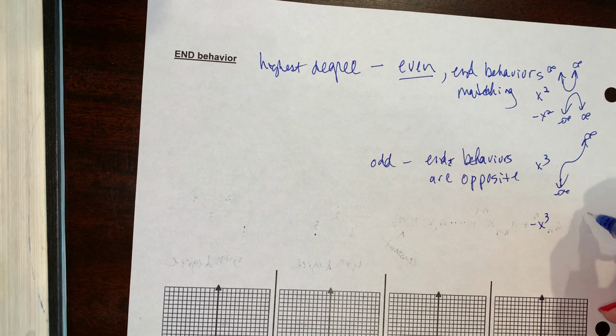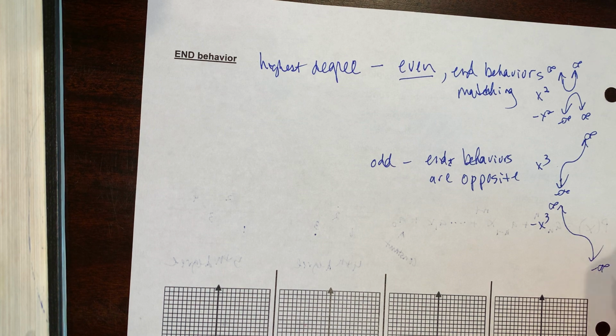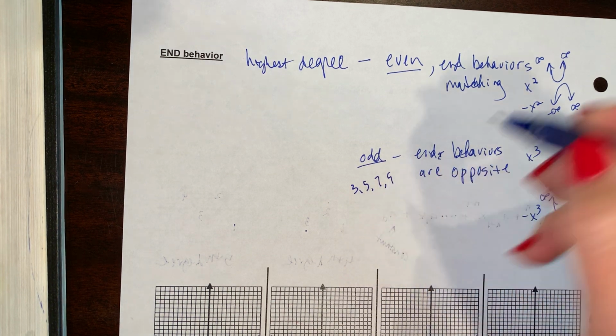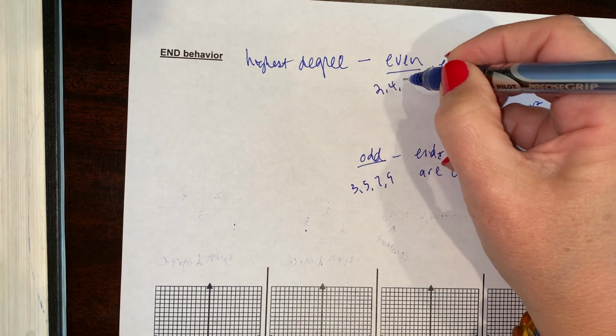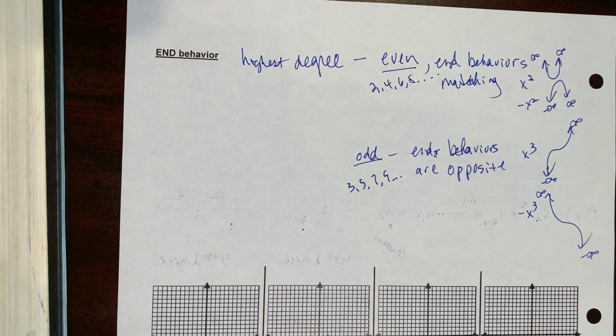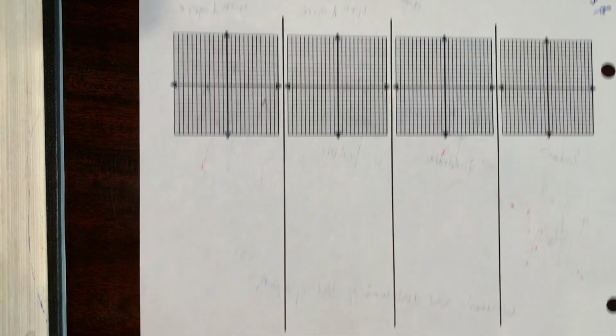Negative x to the third means this end is going to positive infinity and this one's going to negative infinity. So that's for any odd number: 3, 5, 7, 9, and this one was 2, 4, 6, 8, and so on. So you just have to look at the degree and it'll help you determine the direction of the graph.